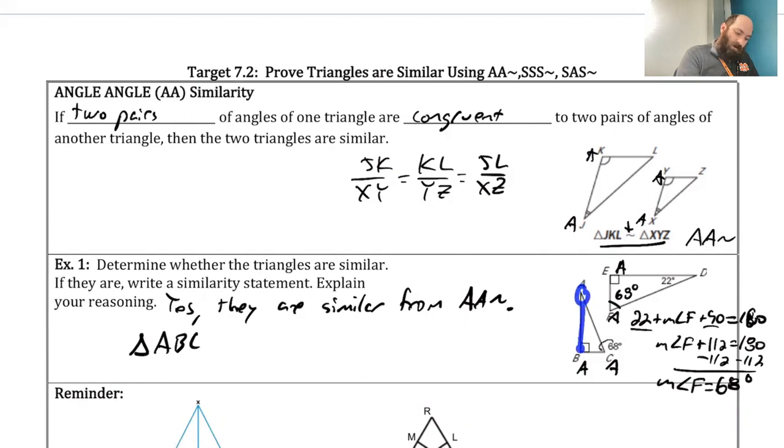That's the 22 degrees, 90, and then 68. So we're going to do the same thing on the other one. It's similar to triangle, starts at D for 22 degrees. Then I go to 90, which is E, and I finish at F. So triangle ABC is similar to triangle DEF. That's what that symbol means, is similar to.